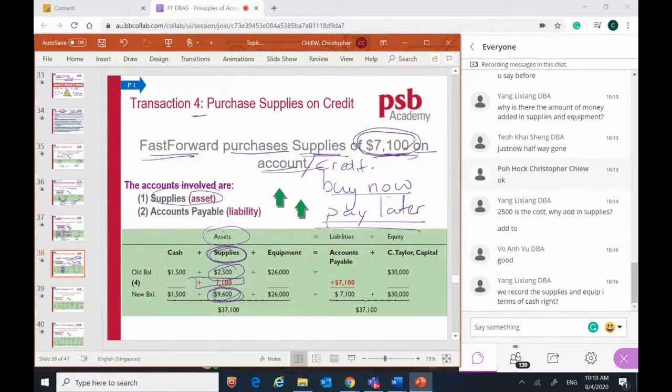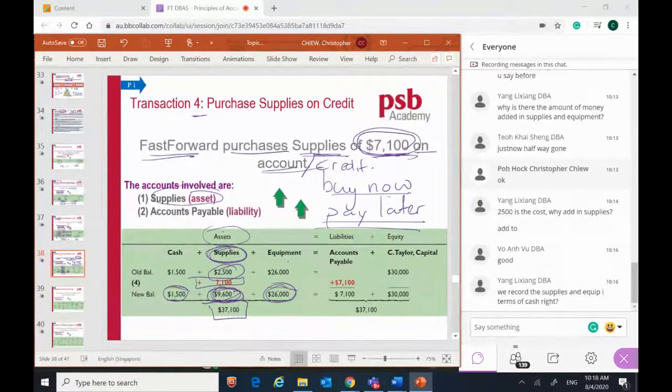Got it? But there's no change in our cash because we did not pay. So the cash is still there. The equipment is still there. Our total assets now is 1,500 plus 9,600 plus 26,000. Total assets is 37,100 now.